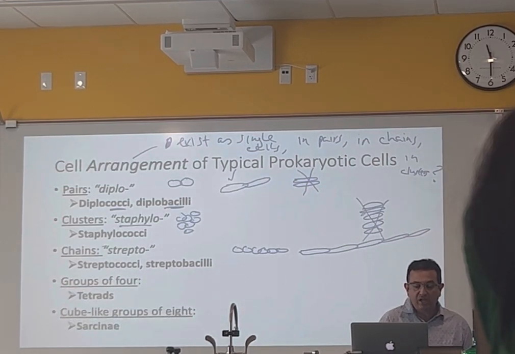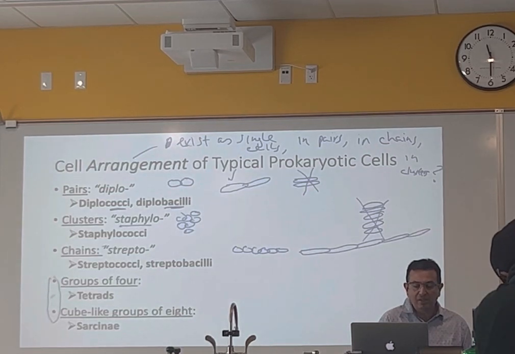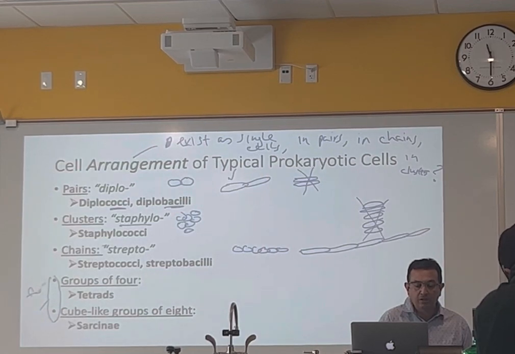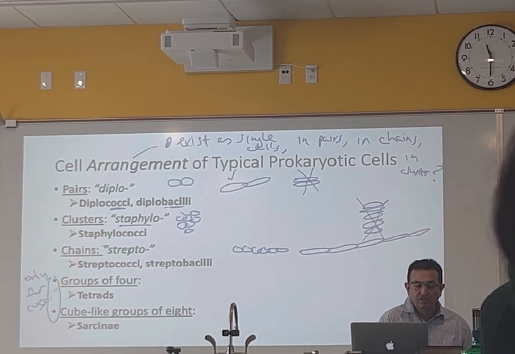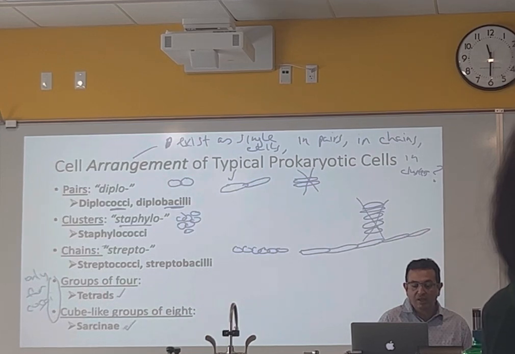These last two, the tetrad and the sarcinae, we covered in lab, so there'll be a lot of overlap with the lab material this week. These are only for cocci. Certain cocci can be described as tetrads, certain cocci can be described as sarcinae.